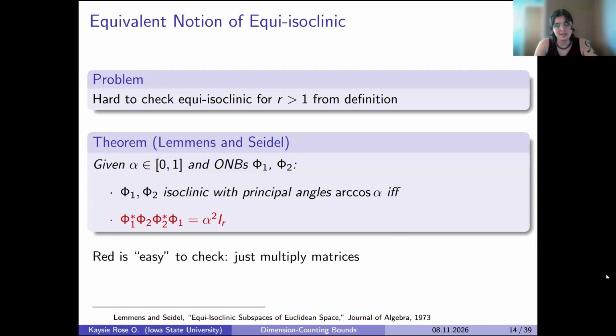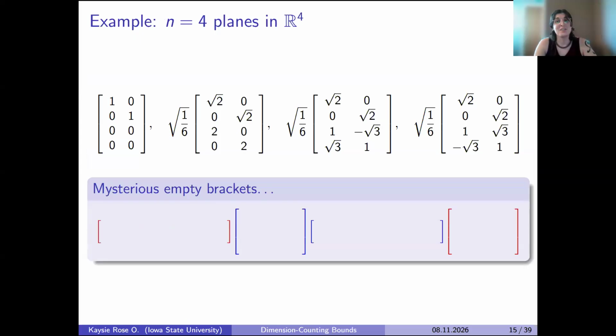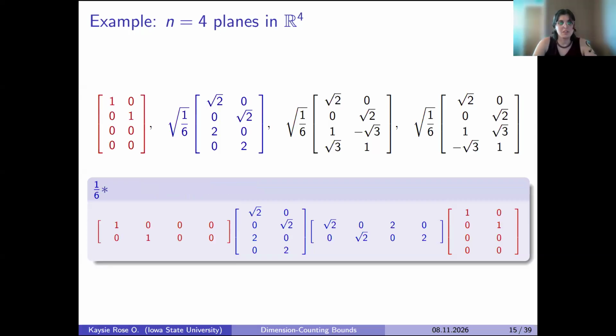So let's look at an example. It took me forever to align this, so I hope you appreciate this example. Here are 4 subspaces in 4 real dimensions. They are equi-isoclinic, I will tell you right away. All we have to do to check that is 4 choose 2 equals 6 somewhat tedious multiplications. Start with the first 2, just plug and chug.